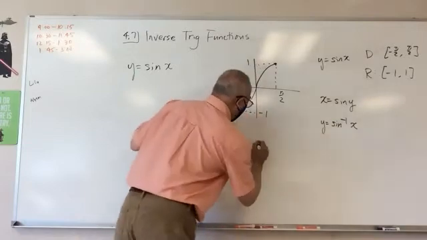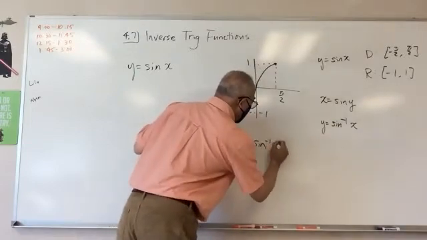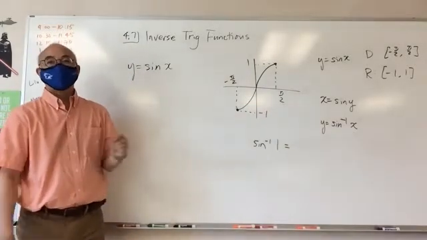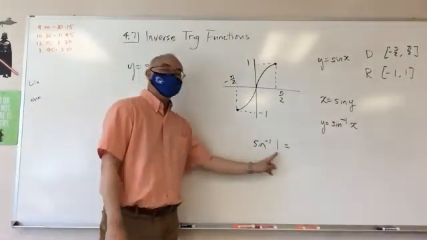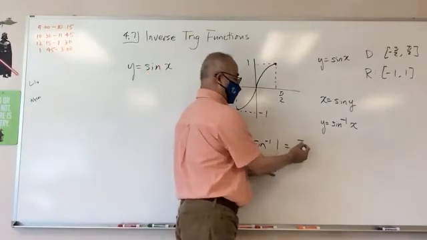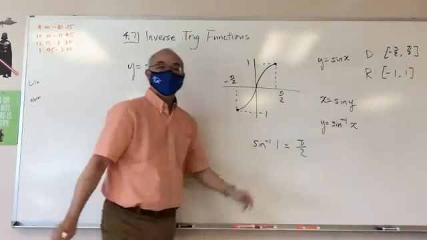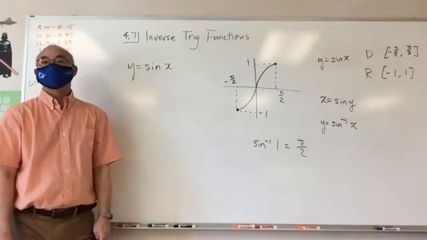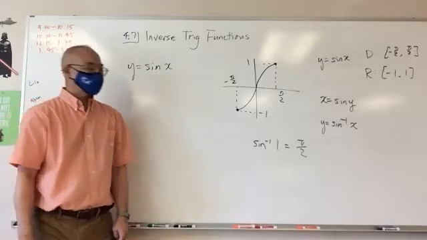So arc sine of 1 would be equal to what? What is the angle which gives me this value? Pi over 2, right? 90 degrees, right? 90 degrees is what gives me sine is equal to 1, right?